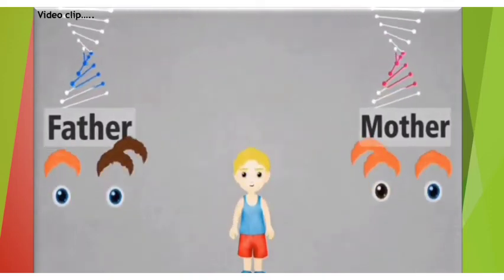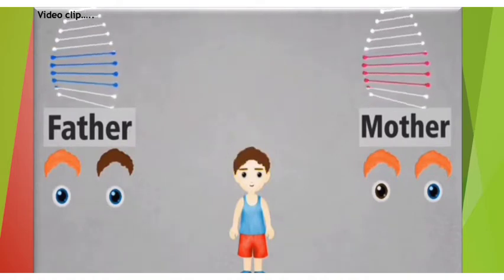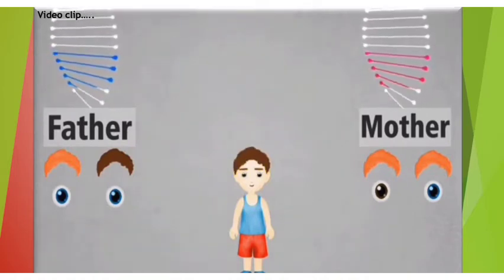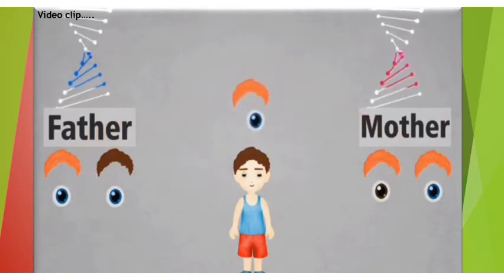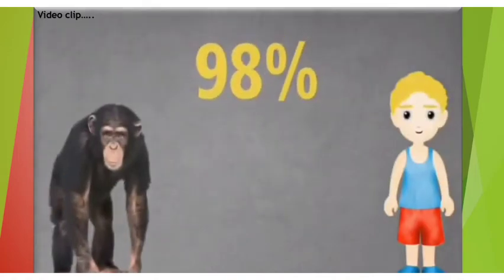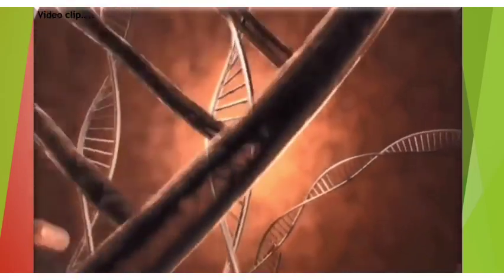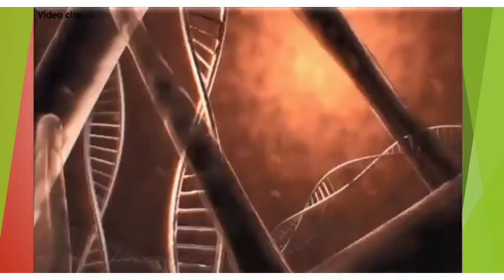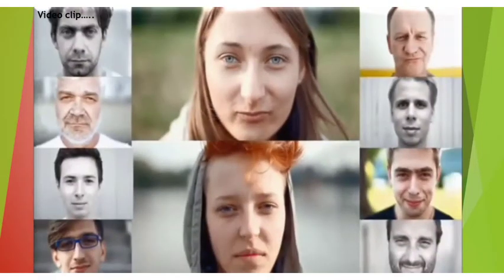Some genes are dominant and some are recessive. Dominant genes are more often expressed as observable characteristics, while recessive genes are often masked by dominant genes. The recessive genes are expressed when inherited from both parents. While we share 98% of our DNA with bonobos and chimpanzees, we don't quite look alike because that 2% equals thousands and thousands of different genes. And while all humans share over 99% of our DNA with each other, what we don't share is what makes us unique in our own way.